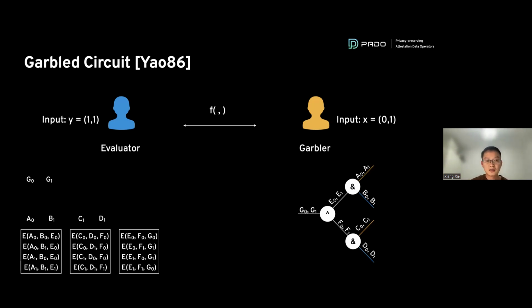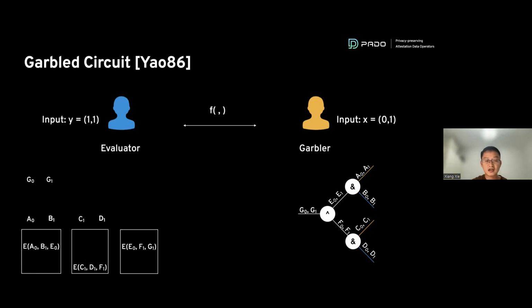In this case, the evaluator gets all the input labels and can do the decryption: he tests all 4 ciphertexts and uses the input labels to decrypt the output label, and then he can compute G1 or G2. For example, in this case, he gets G1, so the output is 1.